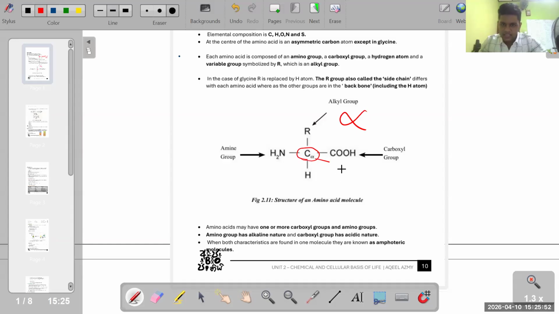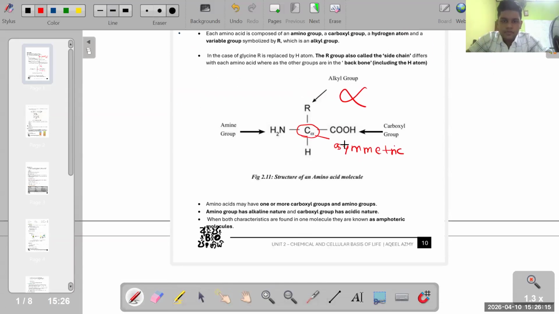This carbon has a special name. What is that name? Asymmetric carbon. Okay, I'll explain what that asymmetric carbon is.